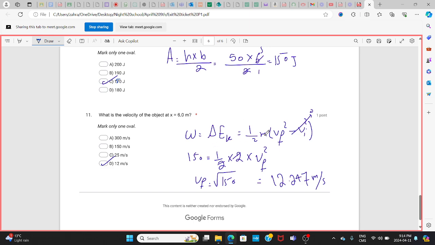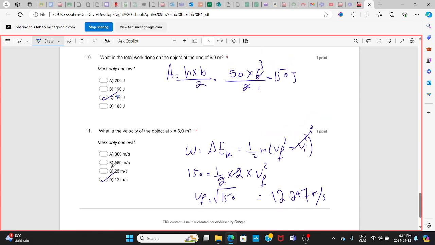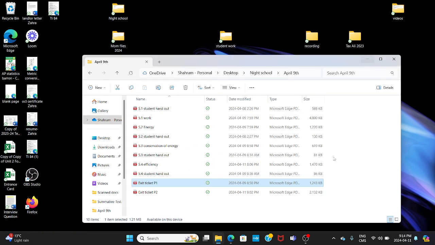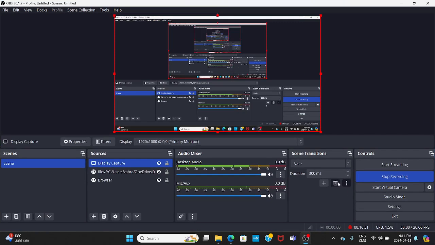I have the mass, so I can rearrange for v final, which is 12.247, and that would be your answer for v final. Got it? Yeah, so your v final is 12.247.